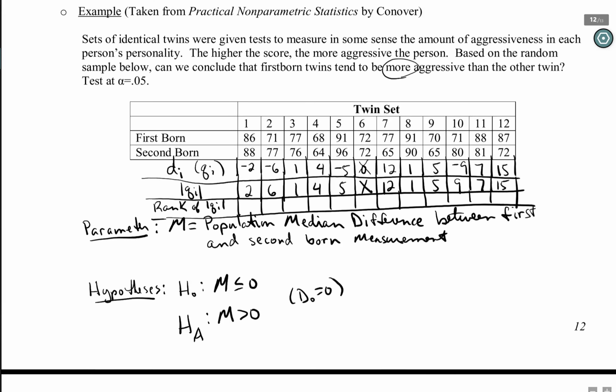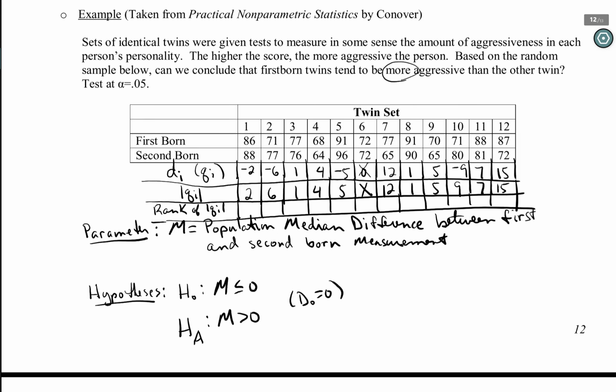Between these two pairs, I would have a ranking of 1 and 2, but because they have the same absolute Q value, I'm going to average 1 and 2, which is 1.5, and give a rank of 1.5 to each of those two cells.